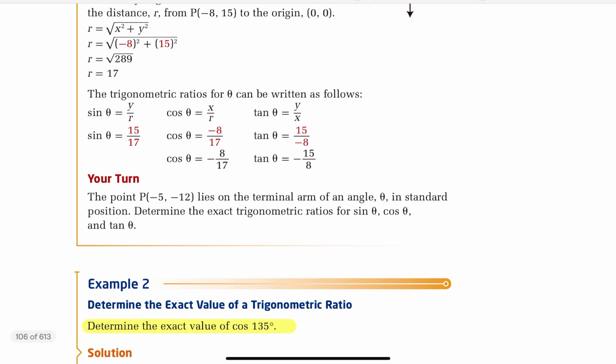So determine the exact value of 135. Okay, determining the exact value needs to be really understood because there are so many questions related to this. So they are asking us to determine the exact value of 135. The first thing you need to do is draw your x and y axis. So where is 135? I know that 135 is bigger than 90, but it is less than 180.